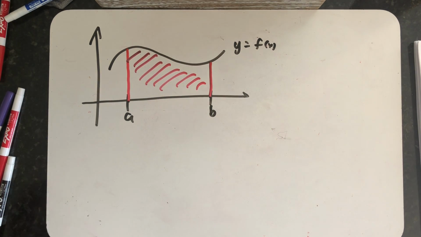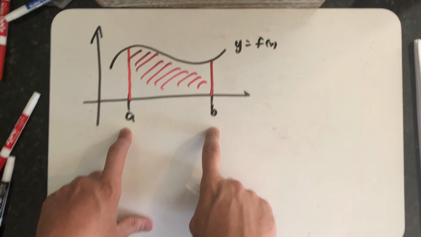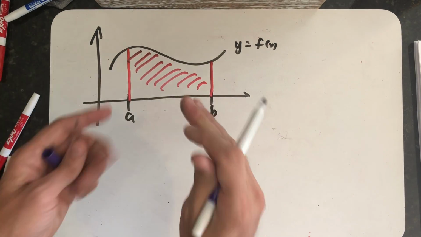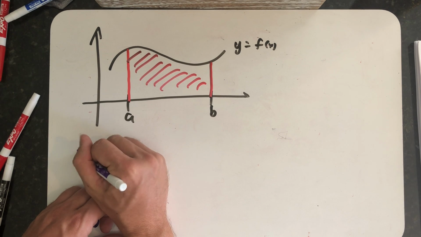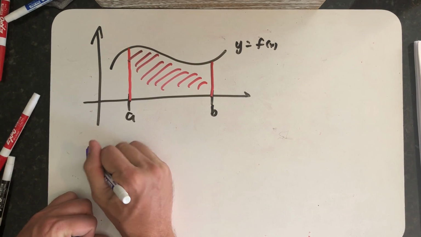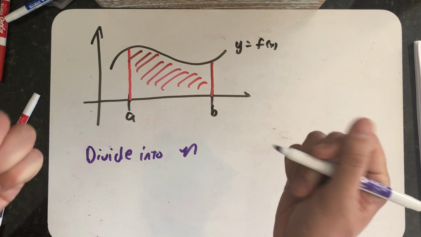Right, what's the area under f of x on this interval from a to b? And we could use a similar approach. We could say, let's divide the interval between a and b into n rectangles, or divide the x-axis into n subintervals, where n is just some number.